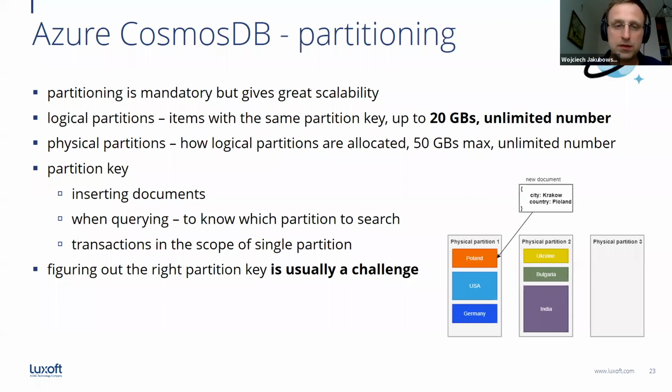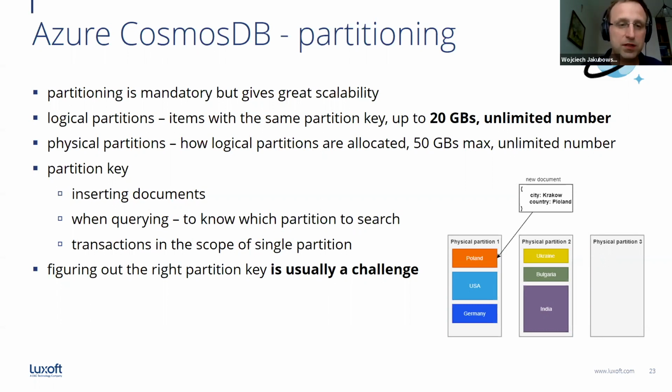When the containing physical partition goes out of space, it will automatically split into two partitions, and it will balance the logical partitions they contain. So theoretically, it has unlimited scaling capabilities, assuming that the data is well and evenly partitioned.